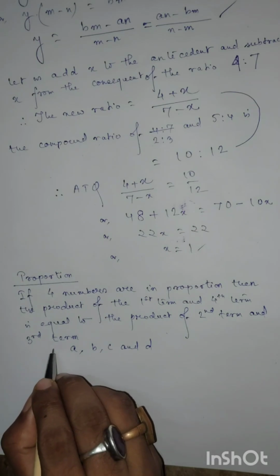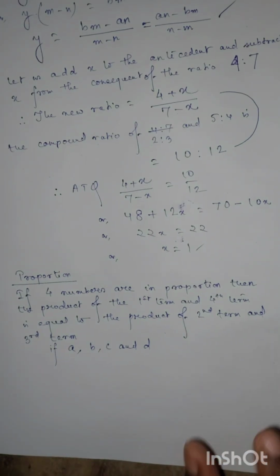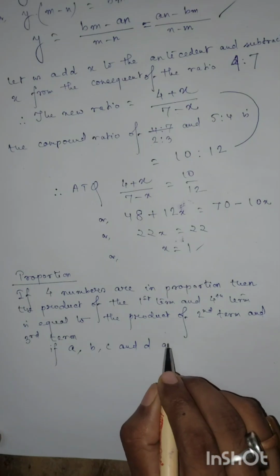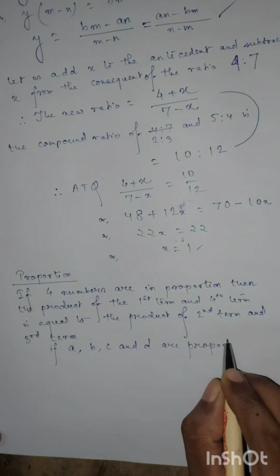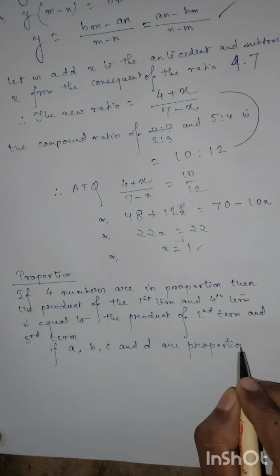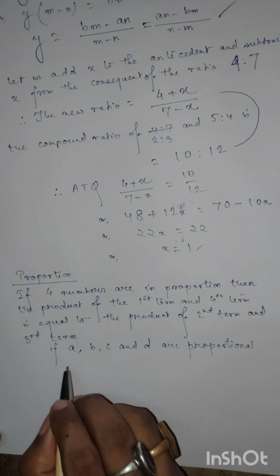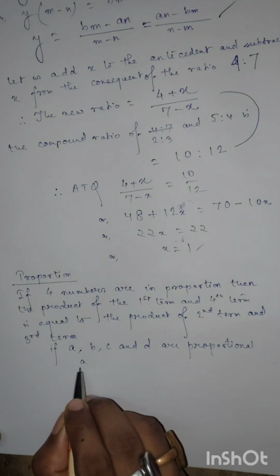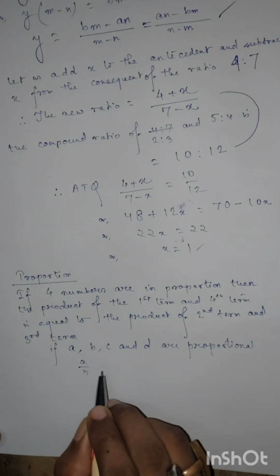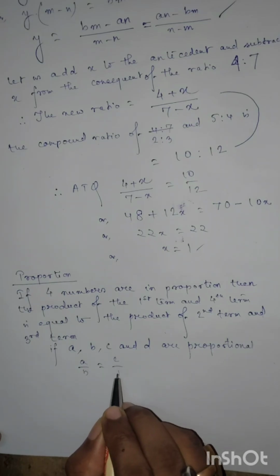If a, b, c, d are proportional, that means a by b is equal to c by d.